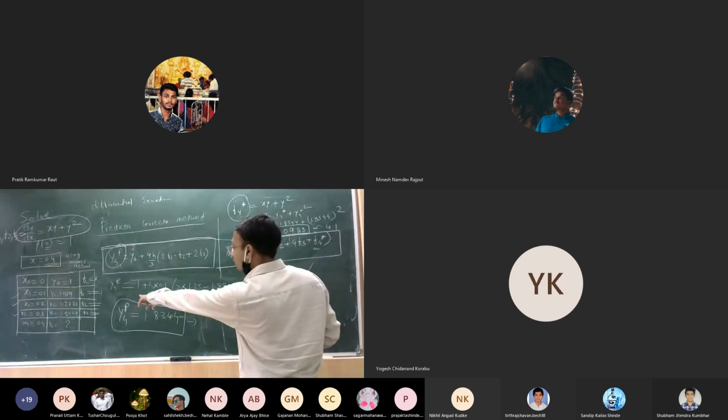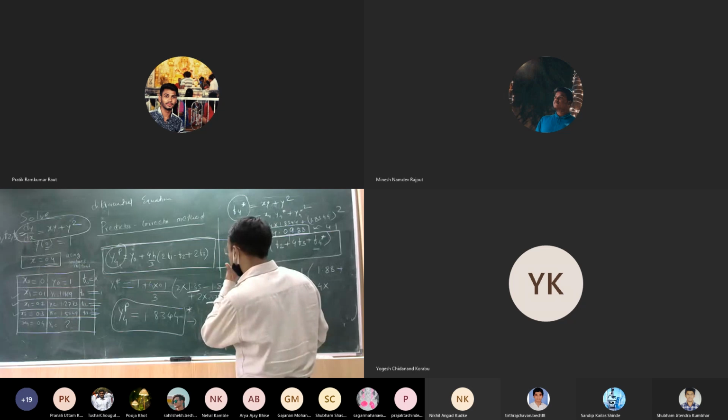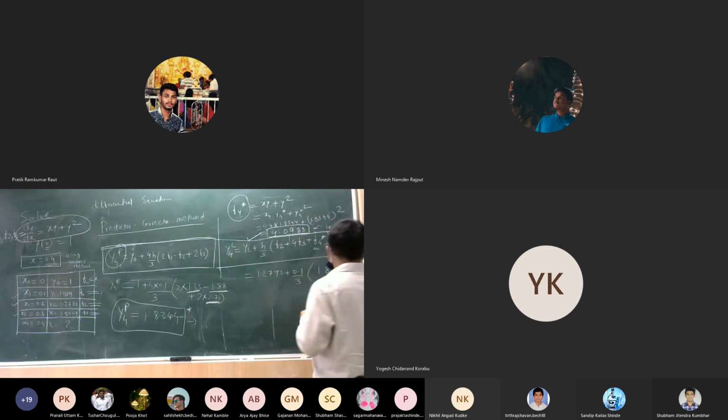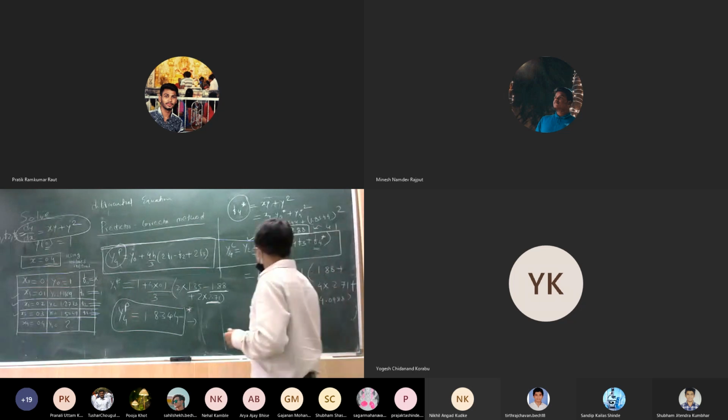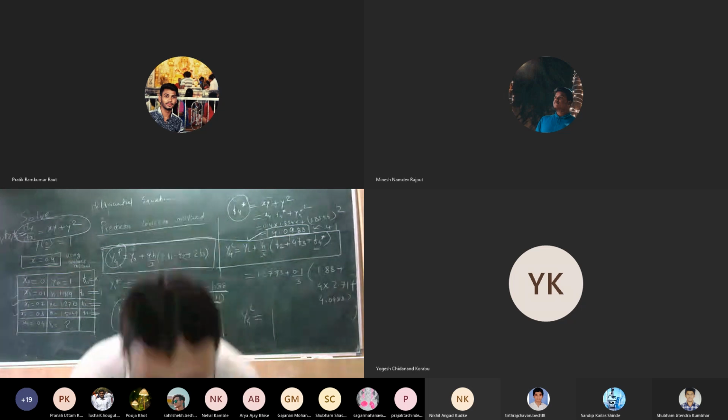F2 calculated, I think it is 1.88, plus 4 into F3 value, 2.71, and F4 value. So F4 value is what? 4.0988. Using this, calculate y4 corrector.